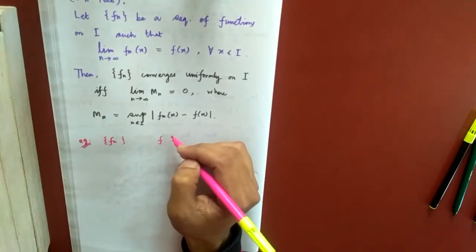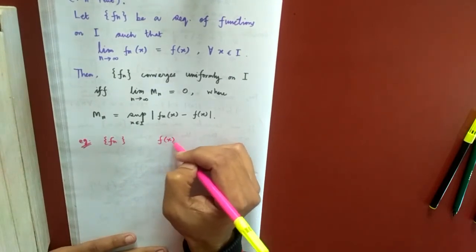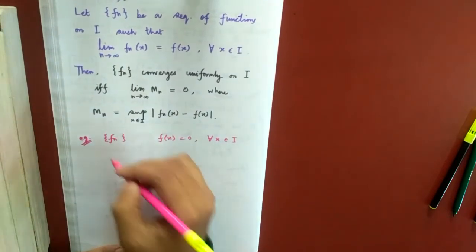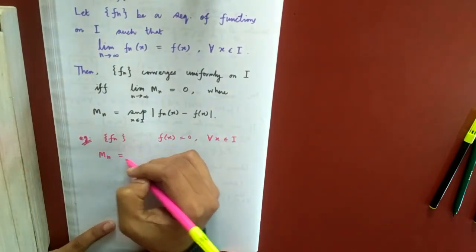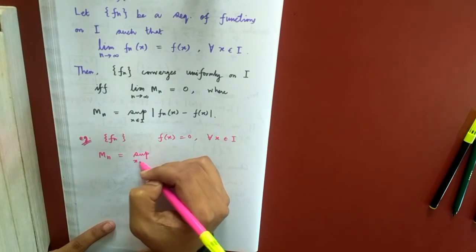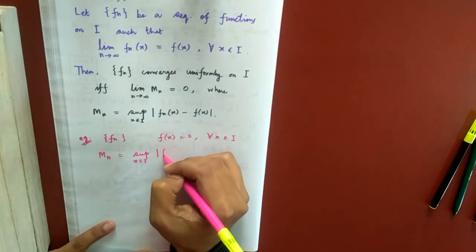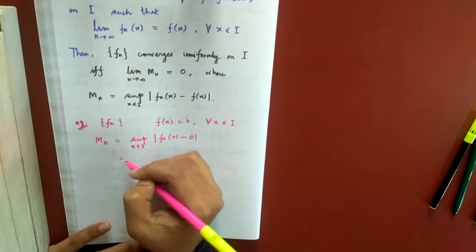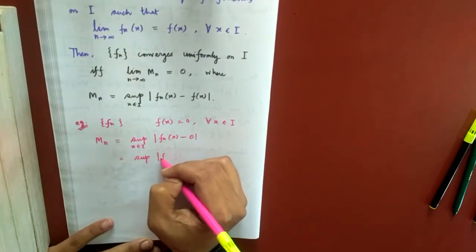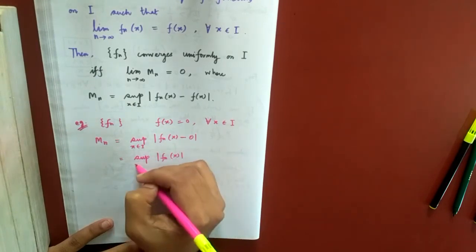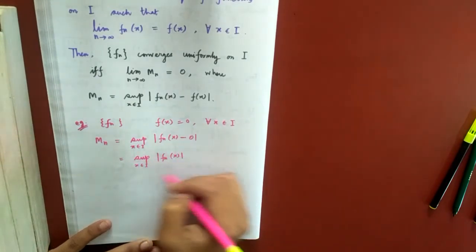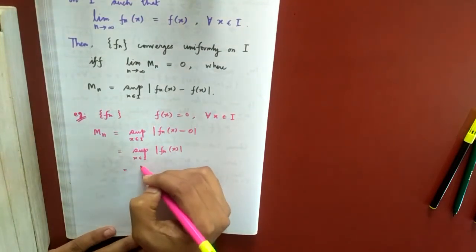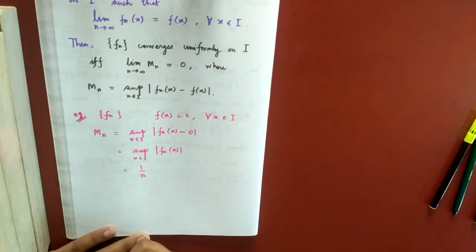I'm just giving a very random example. So f(x) equals 0 over some interval I. You calculate Mn. Mn will be the supremum over x in I of fn(x) minus f(x). f(x) is 0. That means you have to find the supremum of fn(x), x in I. I'll teach you the calculations in the next class. Suppose you get 1 by n as the supremum.